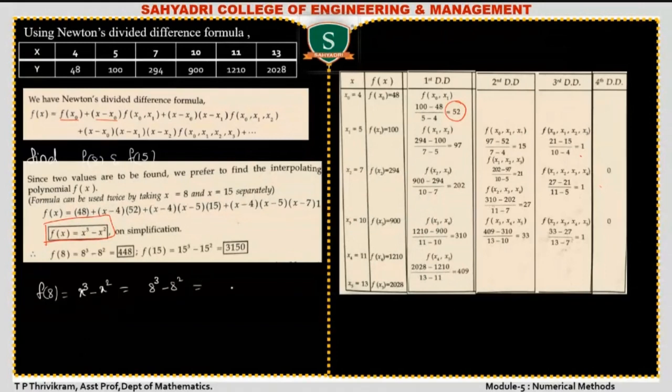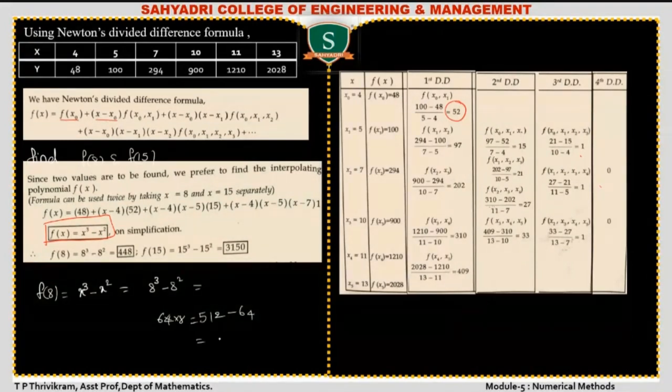And how much? 8 cube, 8 square is 64, 64 into 8, 512. 512 minus 64, we get 448. So that is what we have.